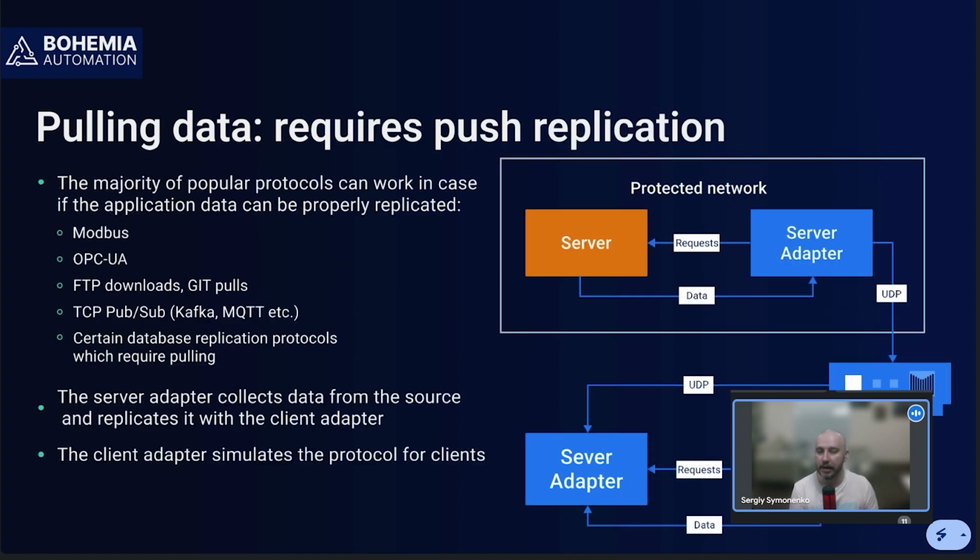Pulling data is more complicated. It actually requires push replication one way. The majority of standard protocols used, for example, in industrial automation work this way. If you have a data diode which allows you to collect data from Modbus, it physically replicates your Modbus context to the other side, and the other side provides you a Modbus server from which you can collect this data.